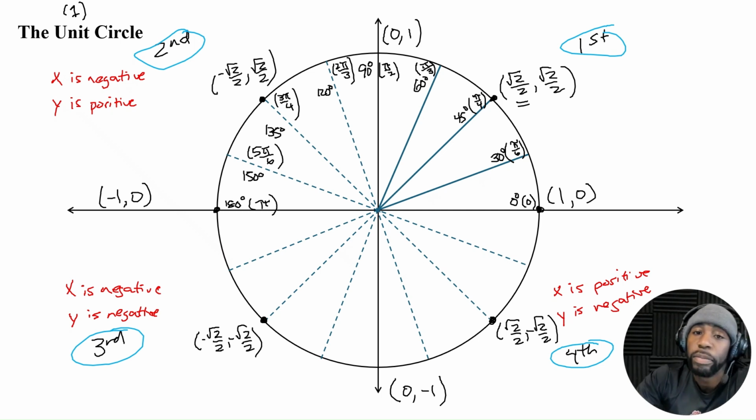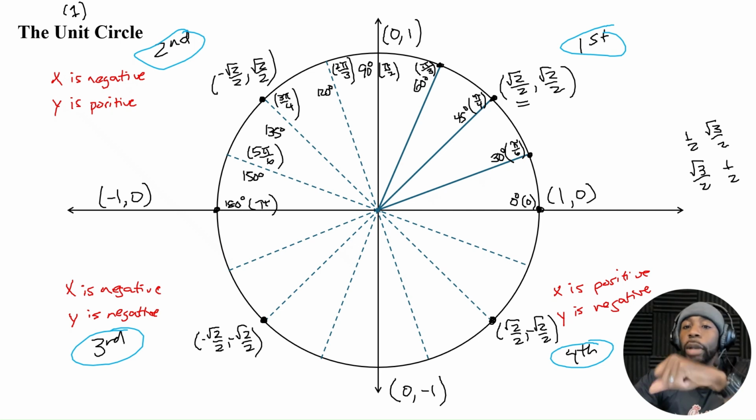Now we have 30 degrees and we have 60 degrees. So think about this. If you can't remember, because you have 1/2, at some point cosine is going to be 1/2. At some point cosine is going to be √3/2. At some point sine is going to be √3/2, and then cosine is going to be 1/2.